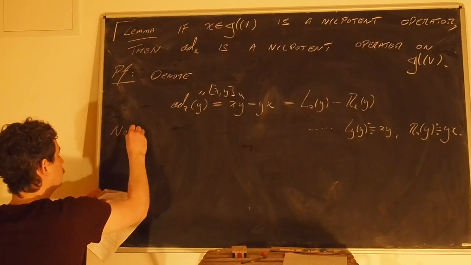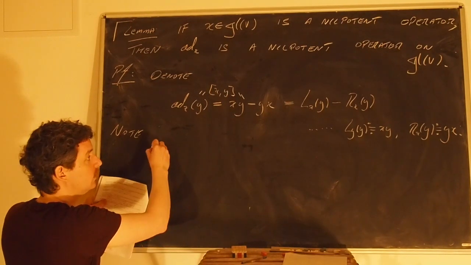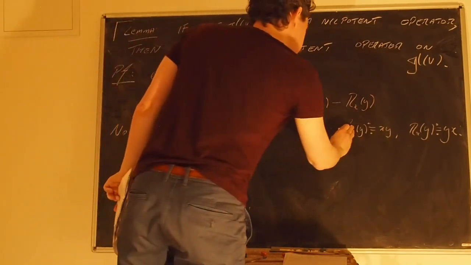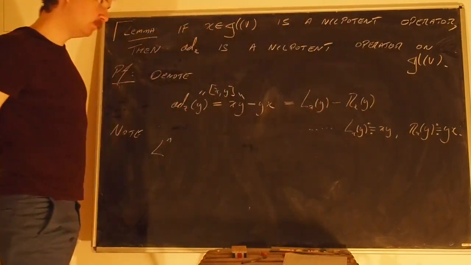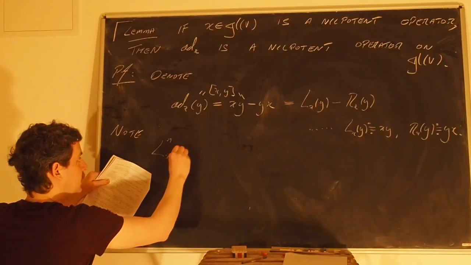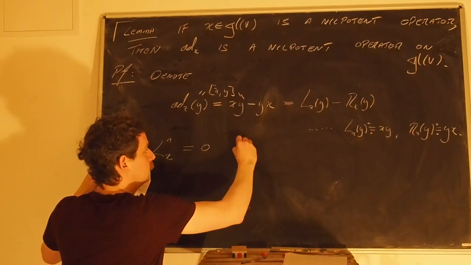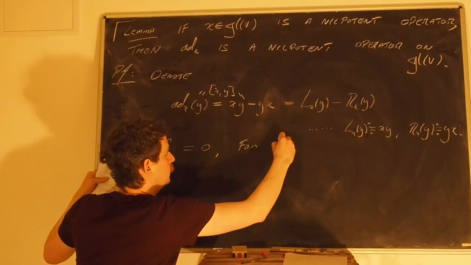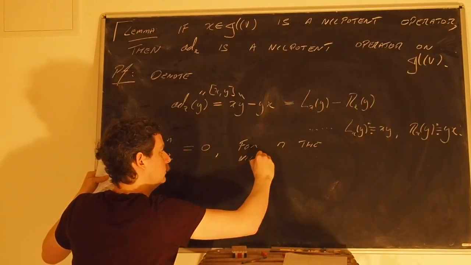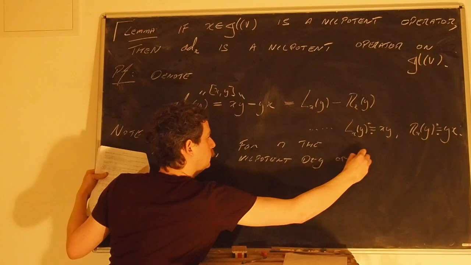Next, we should note that in terms of this notation, let's assume L to the n of x is equal to 0, for n being the nilpotency degree.